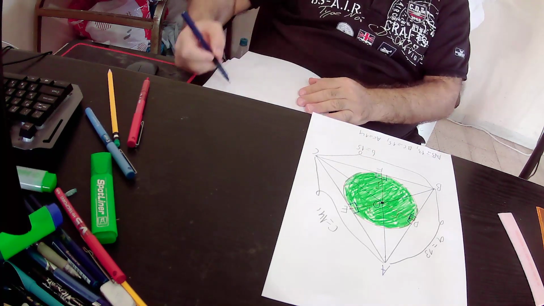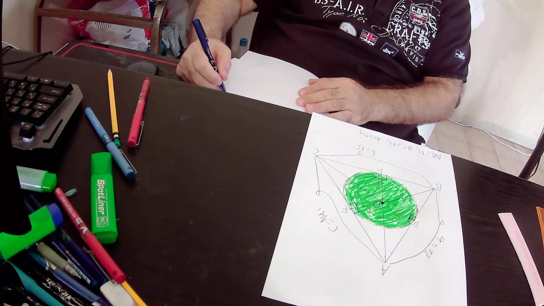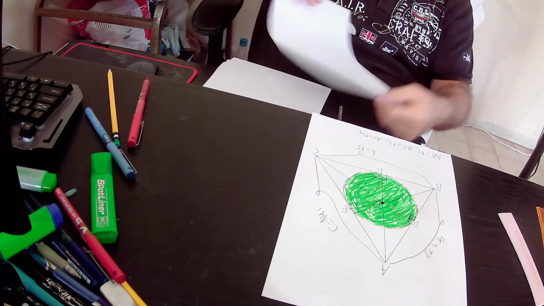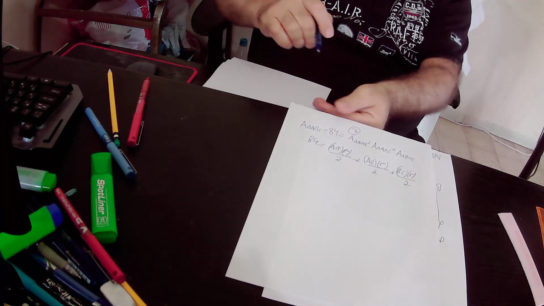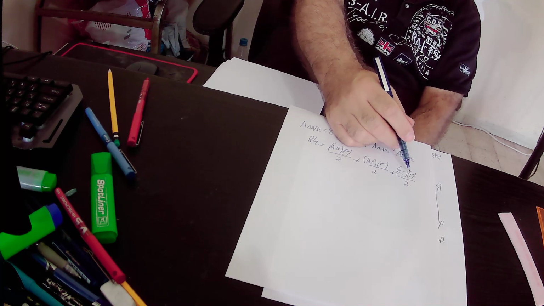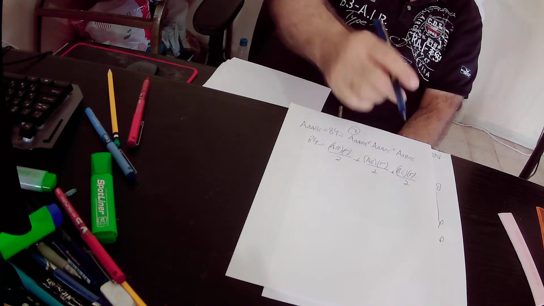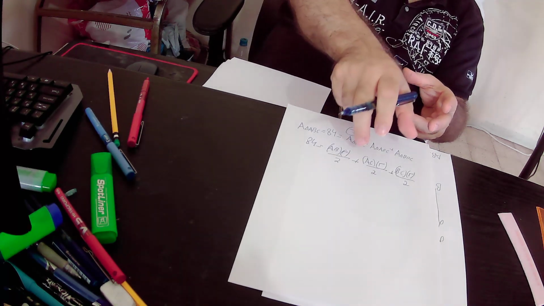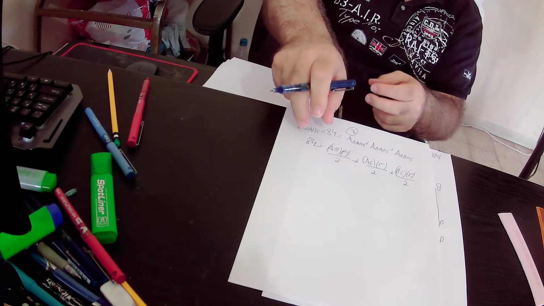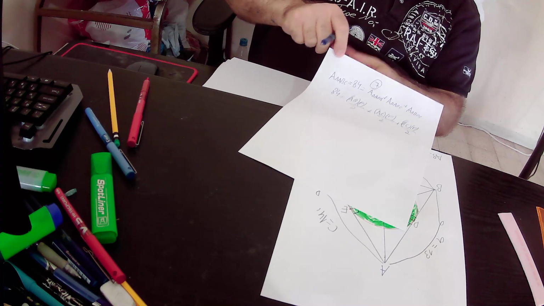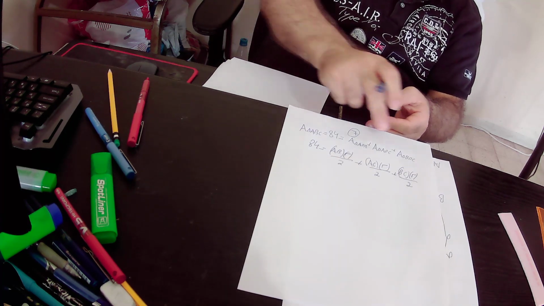So it is BC, the base, times the height, the radius of the green circle, over 2. Okay, so the sum of the areas of those three triangles equals the area of the big triangle, that is 84 square units.